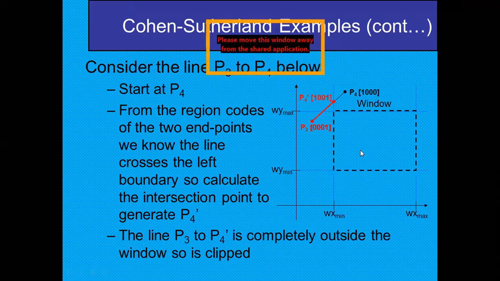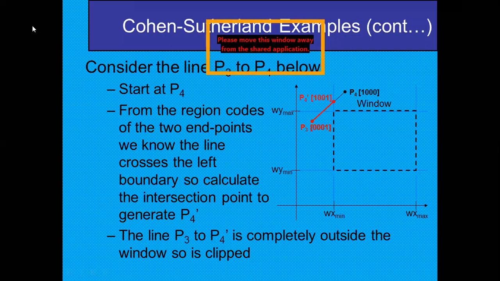Okay, so we will maintain this portion. We will not discard this portion due to the contention, or we can say undeterministic. Okay, so you can indicate here only P4 to P4 dash. Okay, we are going to retain. We are not clipping this portion due to the contention of the ANDing operation.